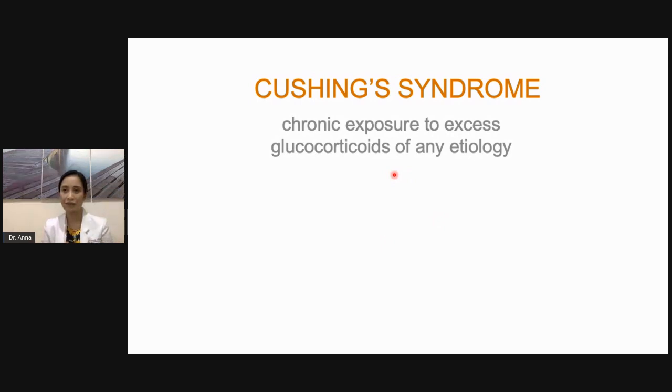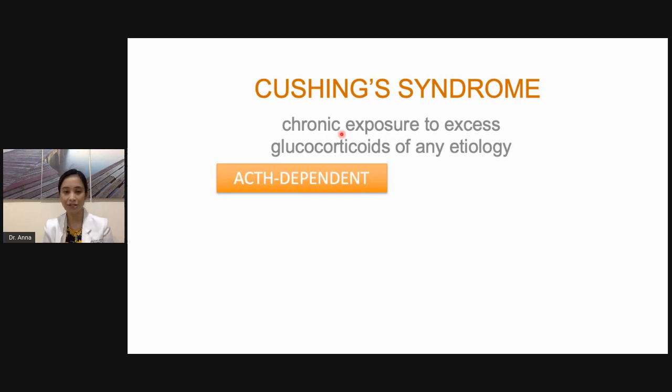It could be from endogenous excess glucocorticoids, either from the adrenals or the pituitary, or from an ectopic tumor, or you can also have exposure to exogenous, synthetic glucocorticoids. Those are your tablets. They're all lumped together in Cushing syndrome.